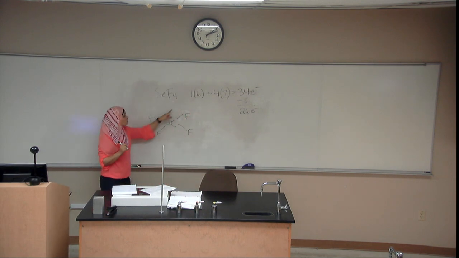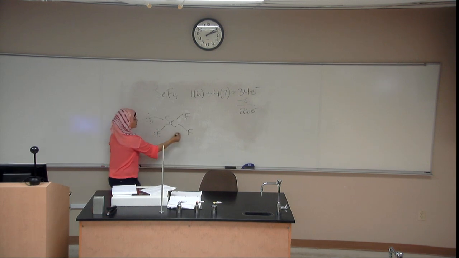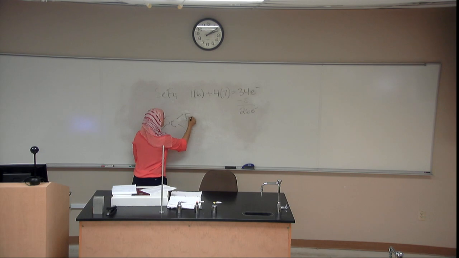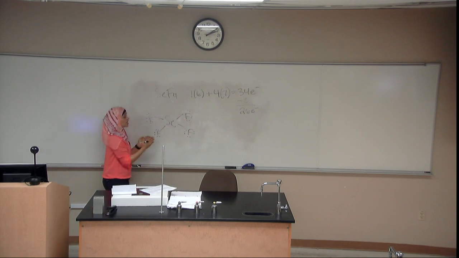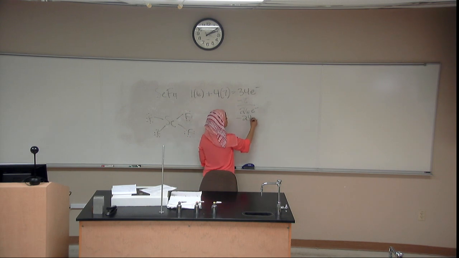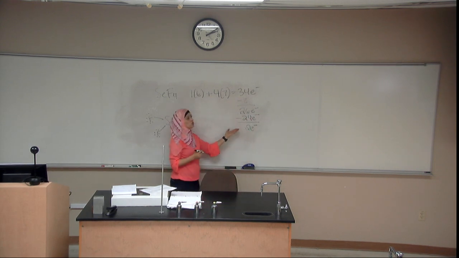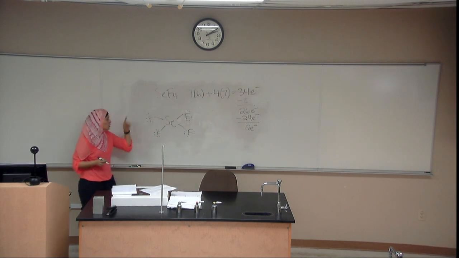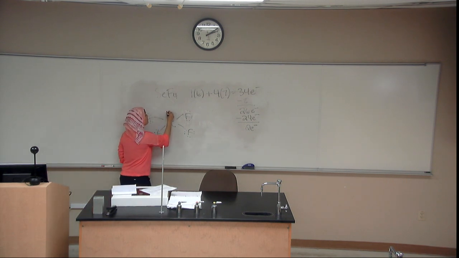Remember, fill in the outside atoms first. Each of these needs 6. And 6 times 4 is 24. We subtract that from here, and we've got 2 electrons left. Since we've got extra electrons, where do those go? On the central atom.